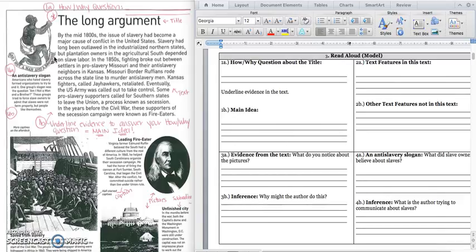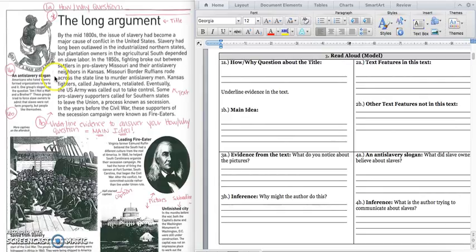In the 1850s, fighting broke out between settlers in pro-slavery Missouri and their anti-slavery neighbors in Kansas. So these neighboring states, one of them, Missouri, wanted slavery, and their neighbor, Kansas, did not.